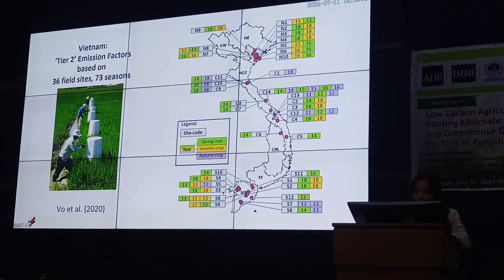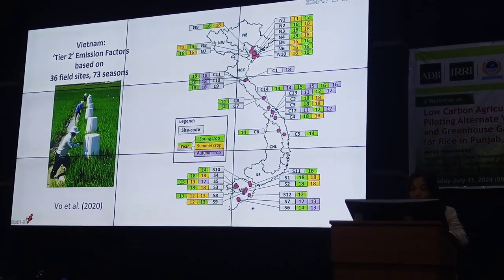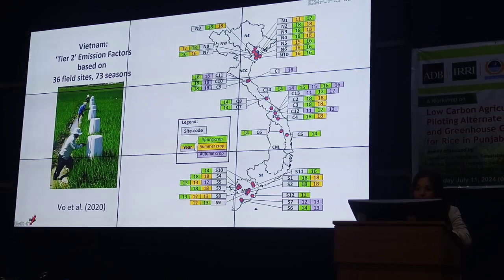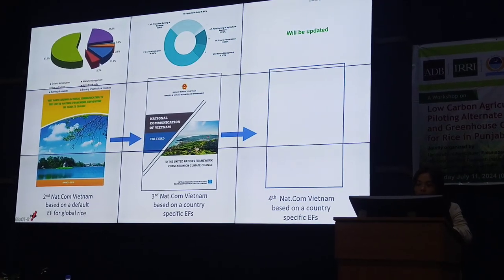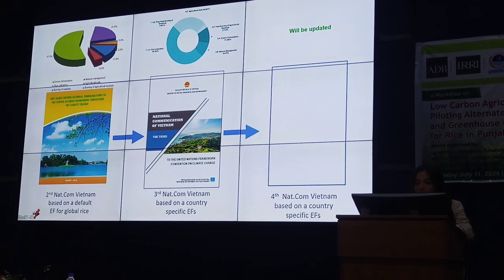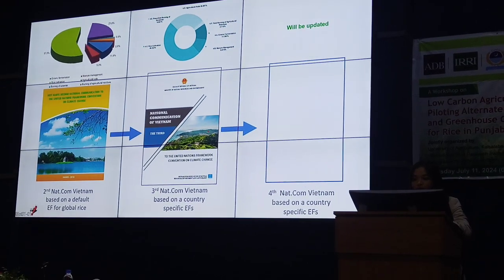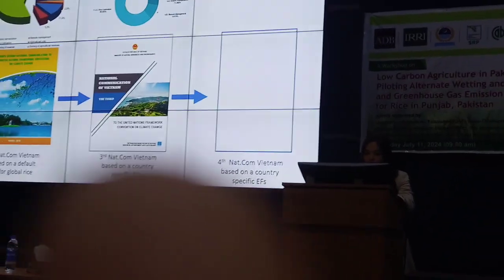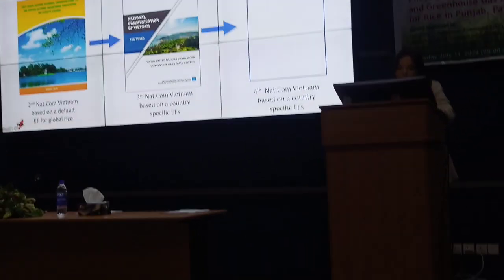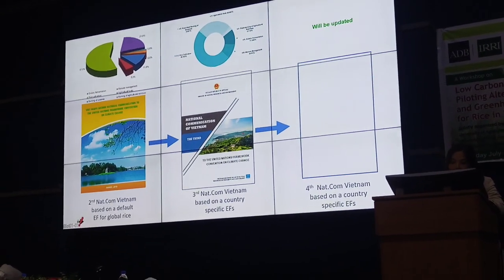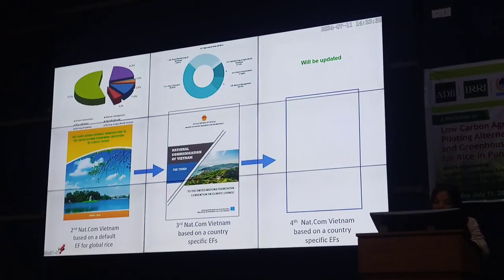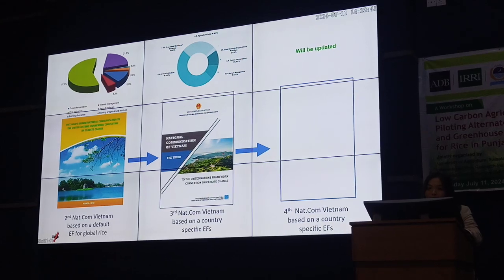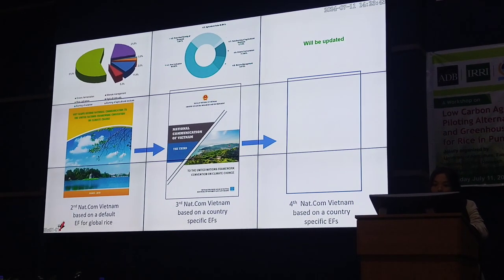And this one was already published in 2020. So we expect that we can use it in our next national communication. This is how we went through the process. For the second national communication, in 2010, we still used the default value.